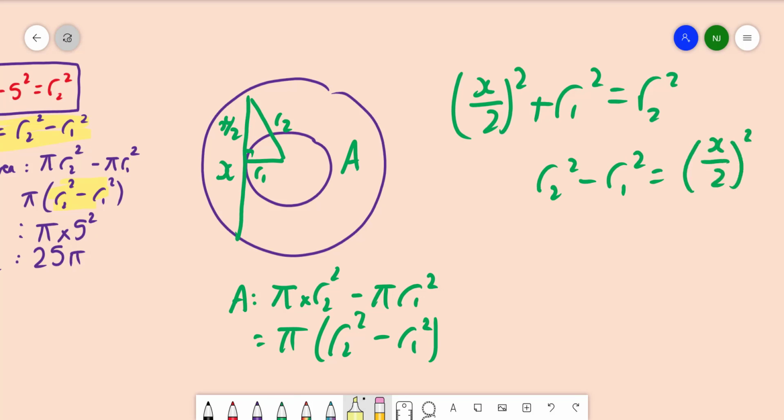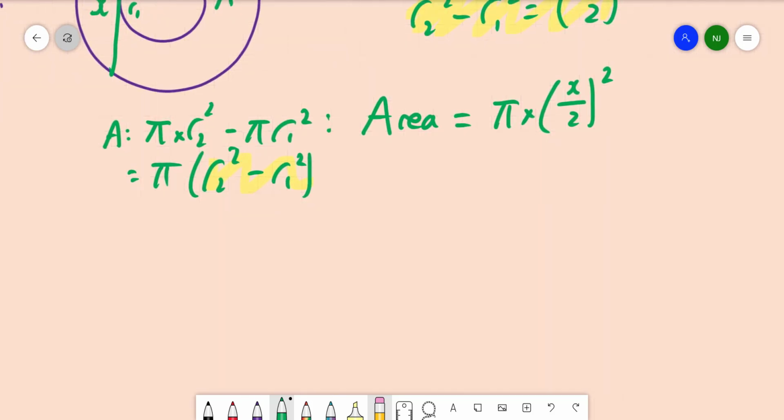And then I can just substitute this into this. And so the area of any annulus, if you know this tangent to the inner circle, the area is just going to equal pi times x over 2 squared, which is pretty neat.